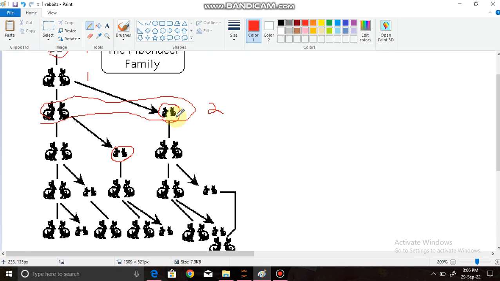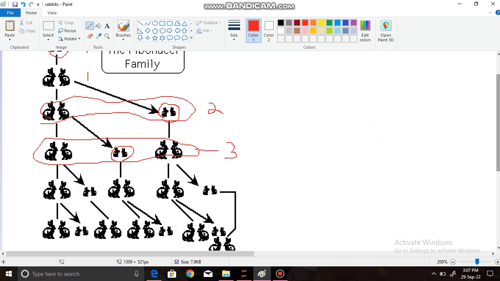Meanwhile, the rabbits from the first litter become adults. So at this line you have three pairs of rabbits. In these three pairs, two pairs are adults and one pair is young rabbits.